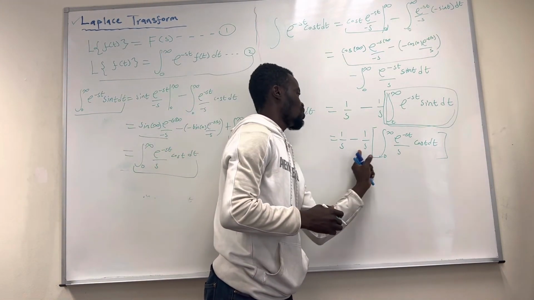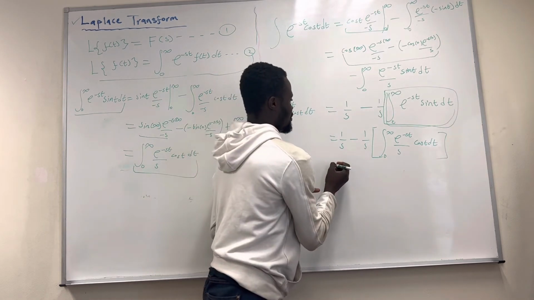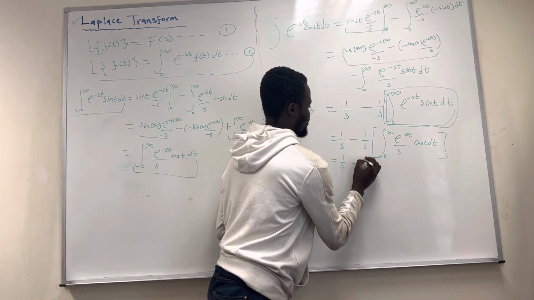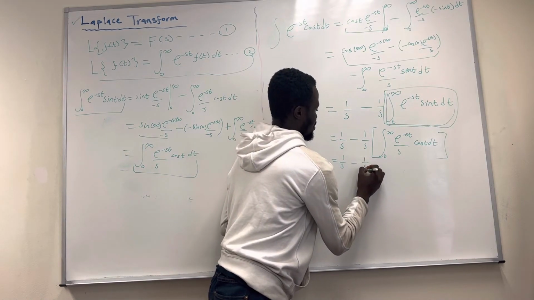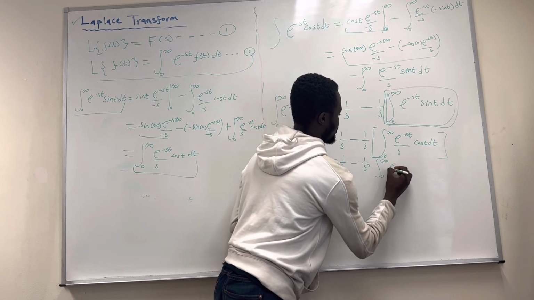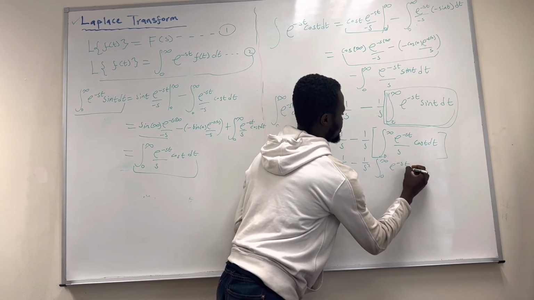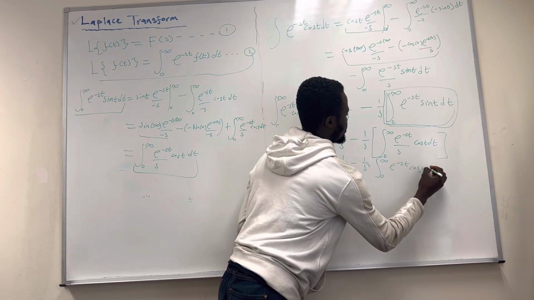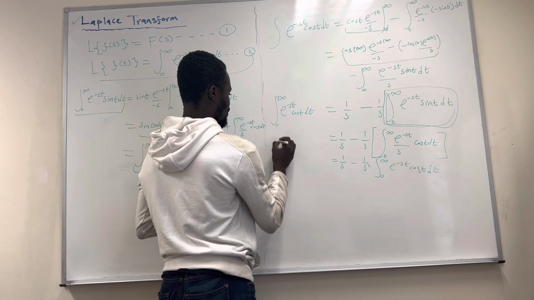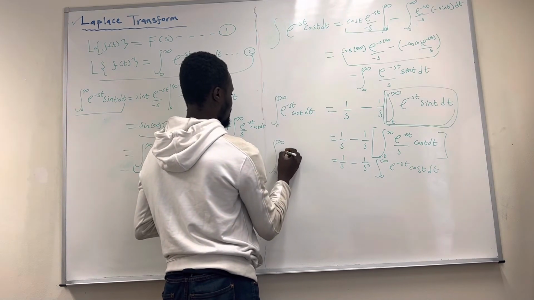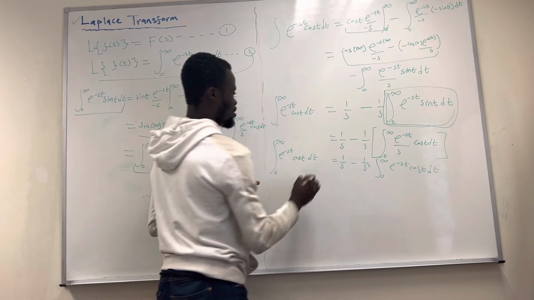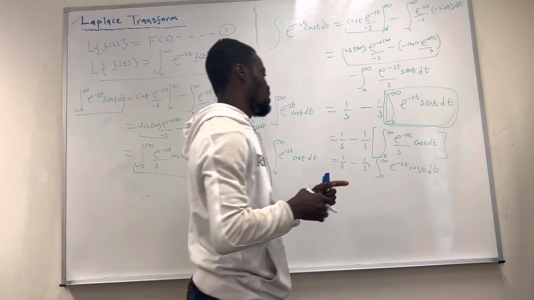We multiply by this one. So if you do that, you're going to get 1 over s minus 1 over s squared, then this integral of e to the negative st cos t dt. Okay, good. Don't forget that this is what we are doing.